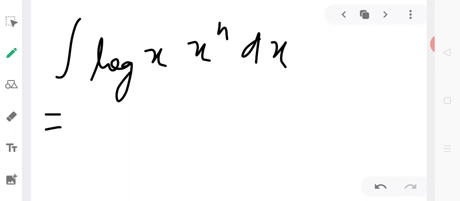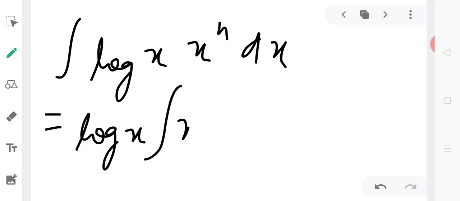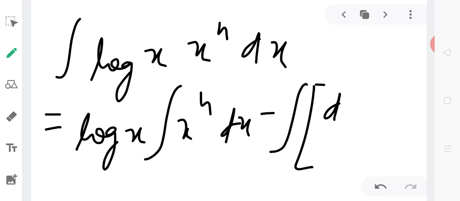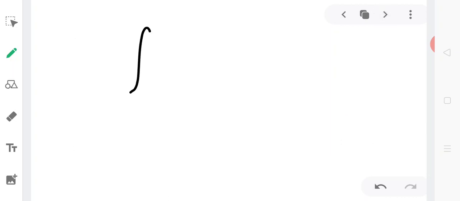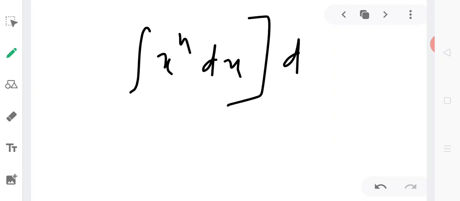So that may be written as log x integral x to the power n dx minus integral differentiation of log x into integration of x to the power n dx into dx.